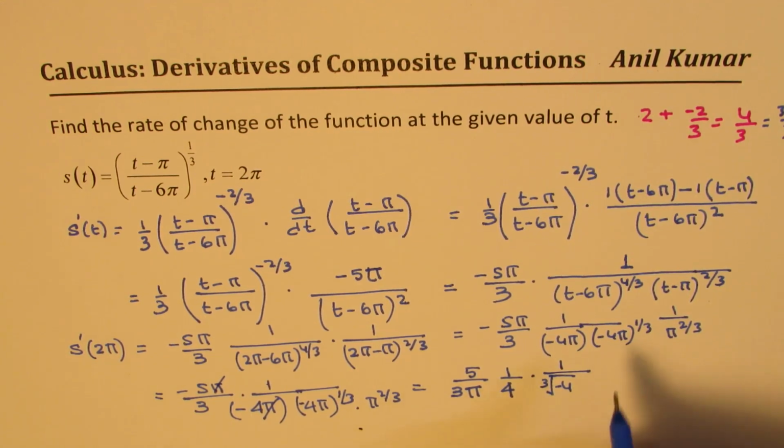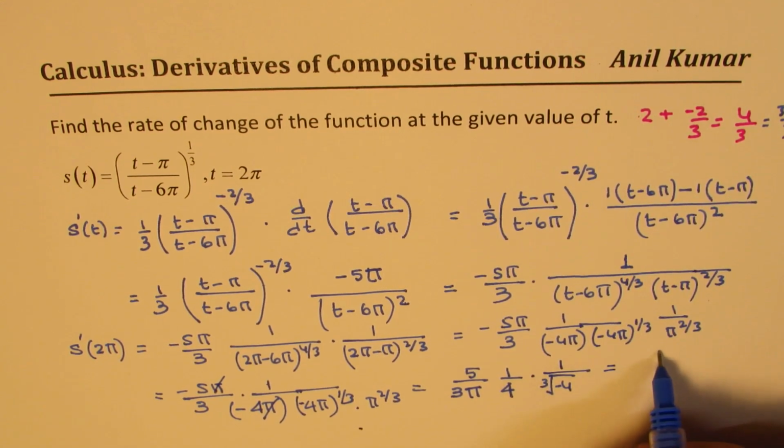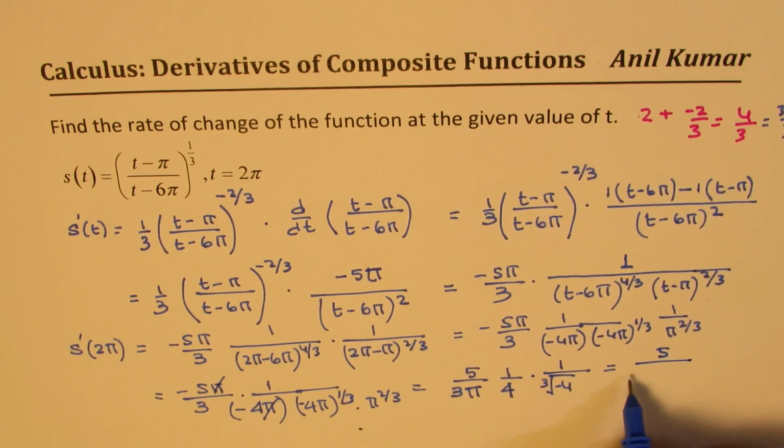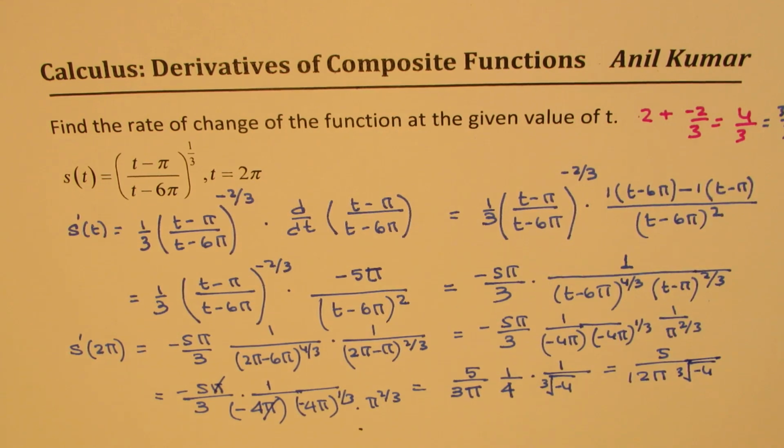Now we could write this as 5 over 12 pi cube root of minus 4. Right? Now the cube root of a minus will be a negative quantity.